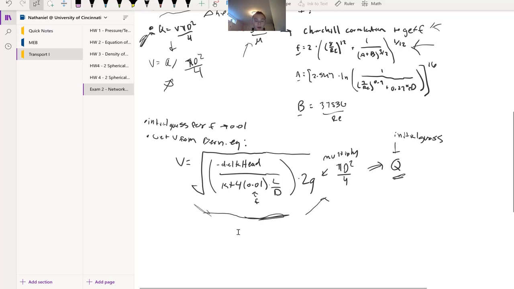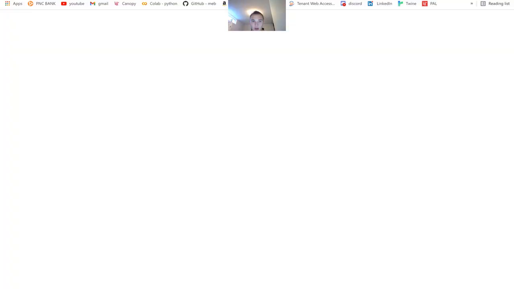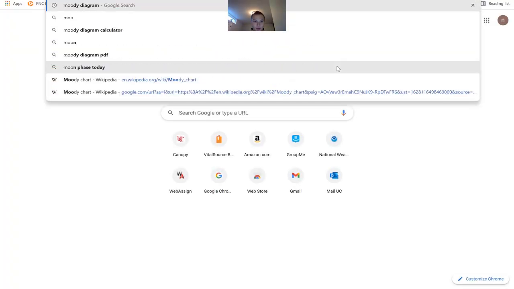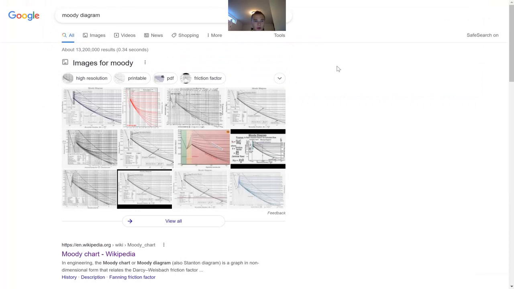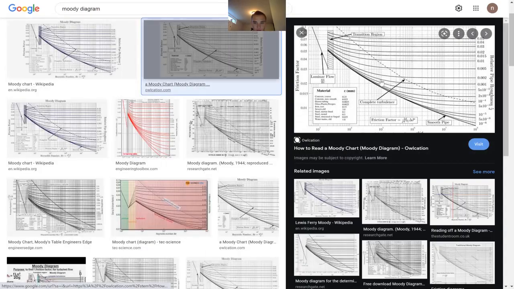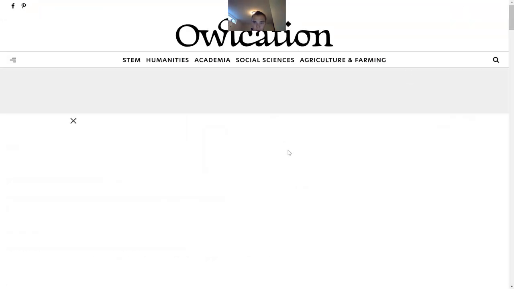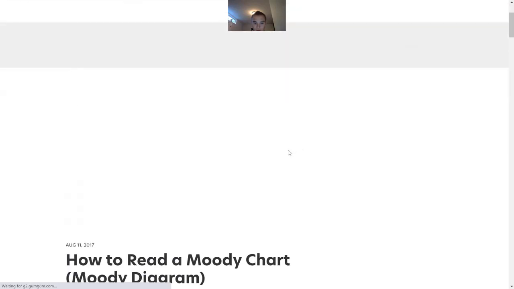So what we can do is get an initial guess for our Fanning friction factor, because if we look up this Moody diagram, we'll just go to an image. I'm going to wait for it to load.